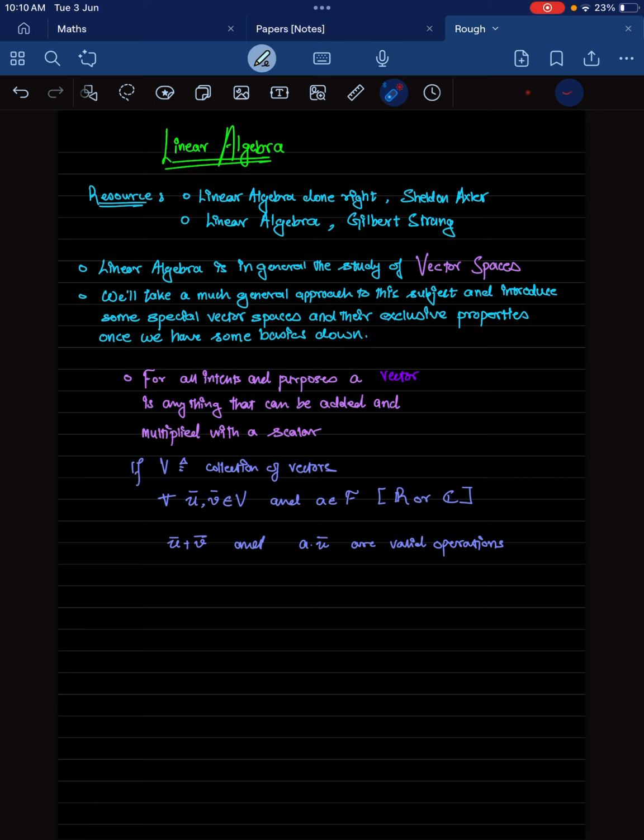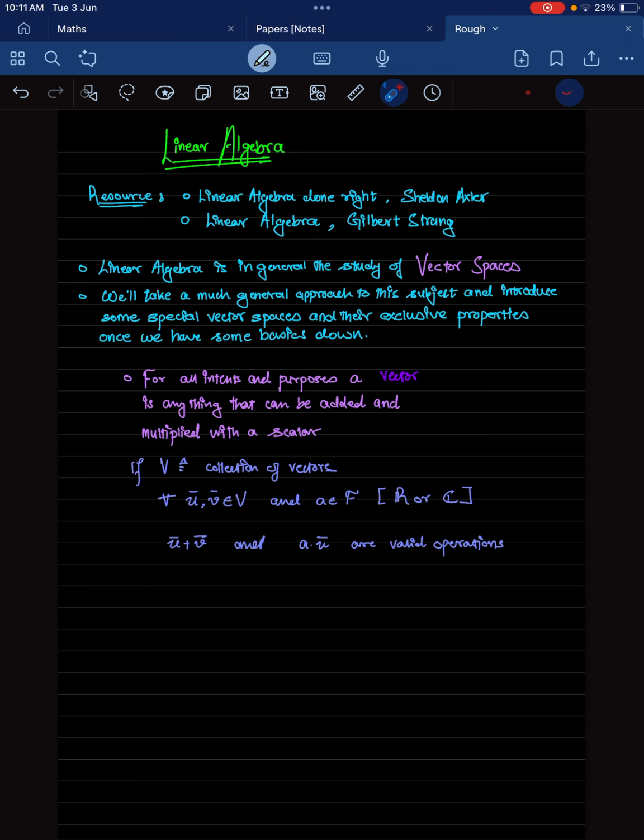So linear algebra is in general the study of mathematical structures that we call vector spaces, and we'll take a much more general approach to this. People who may have done a linear algebra course before may have been introduced to matrices, vectors that look like an array of numbers, all those things.